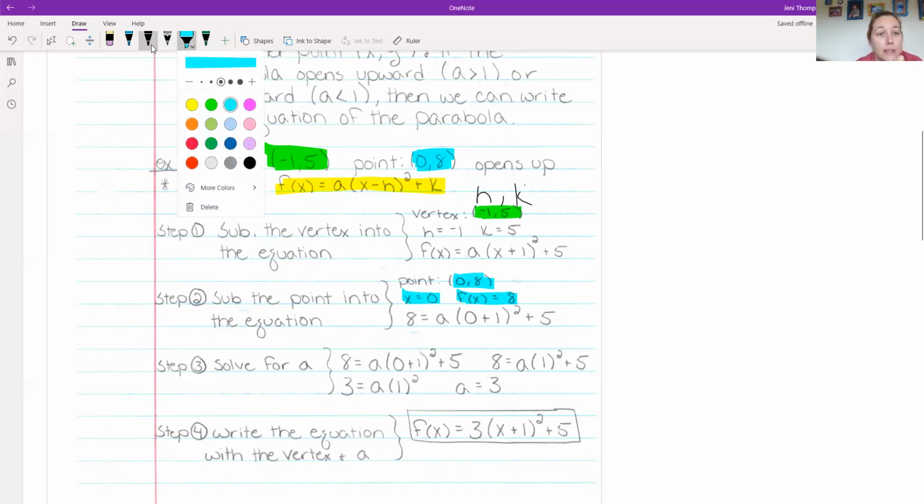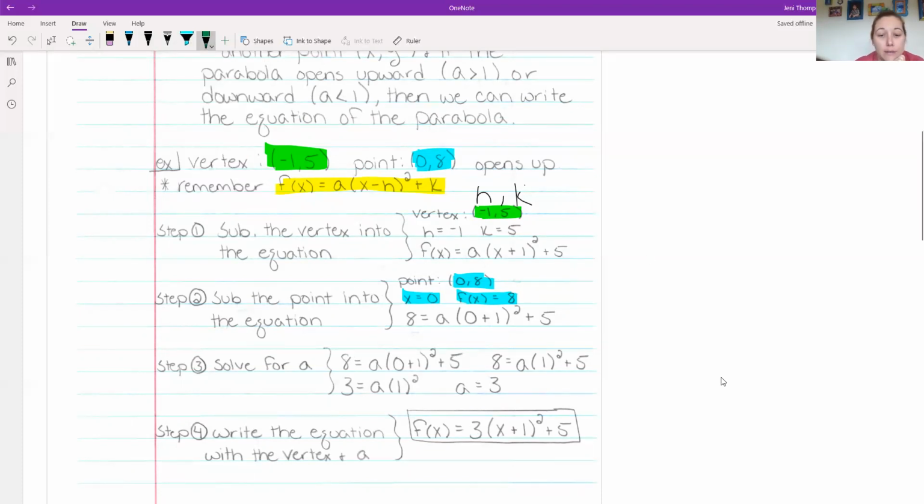And this is just solving, right? We're just solving for A. 0 plus 1 gives us 1. And then we're going to subtract 5 from both sides. So that gives us 3 equals A times 1 squared. Well, 1 squared is 1. And then we divide 1 from both sides. A equals 3.